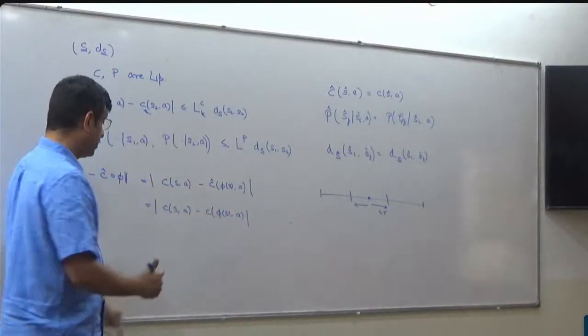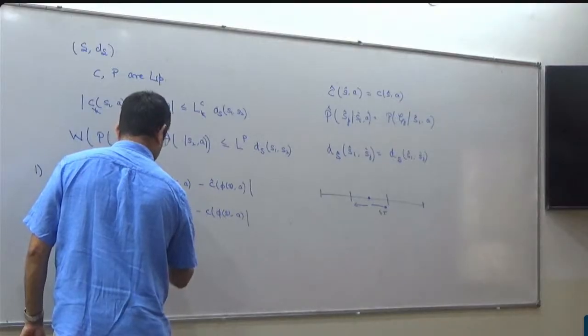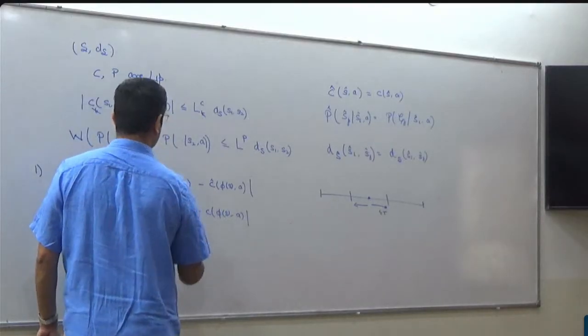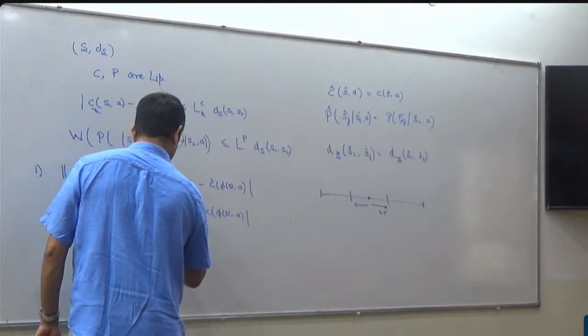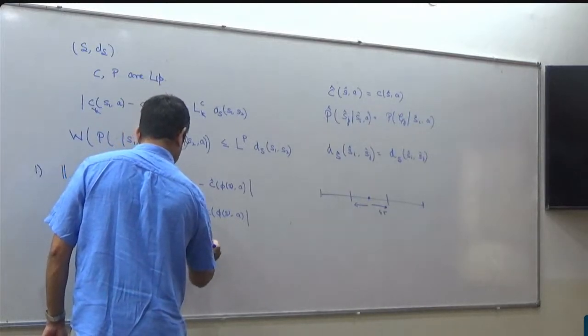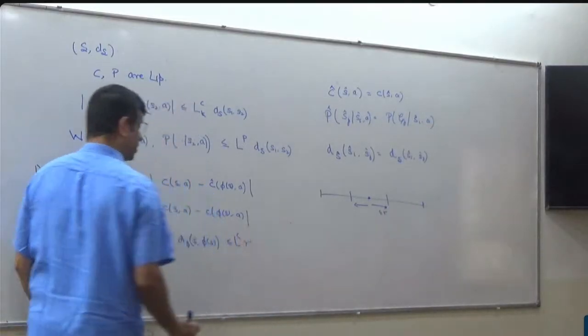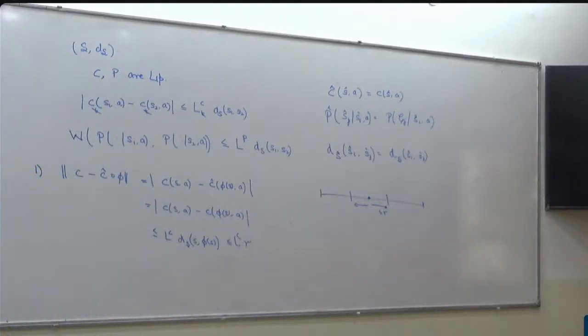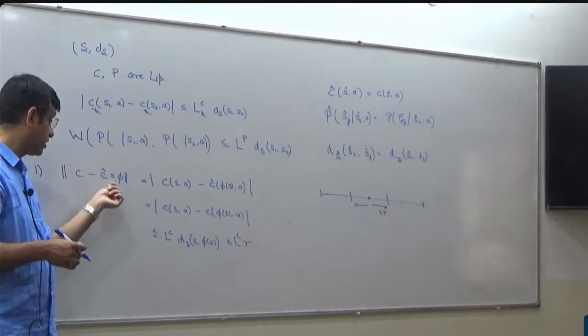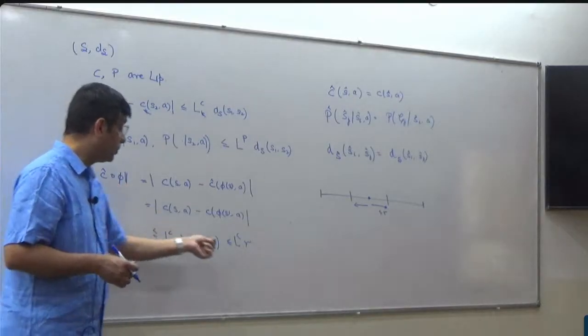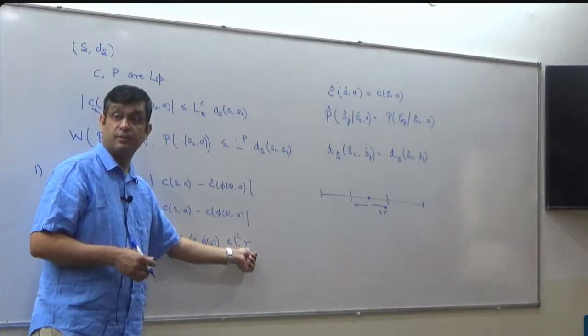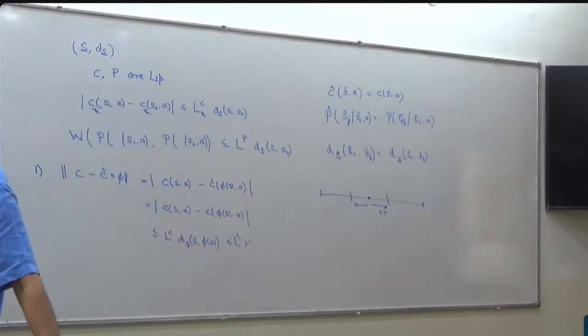By the Lipschitz continuity property of C, I will get this is less than equal to the Lipschitz constant of C times the distance in the S space between S and phi of S, which will be less than equal to LC times R. So all this is saying is, if I have a smooth cost function and I do quantization where quantization cells do not have a radius greater than R, then the distance between the smooth function and its quantized value would be less than equal to the Lipschitz constant times R. So I get a bound on epsilon t.